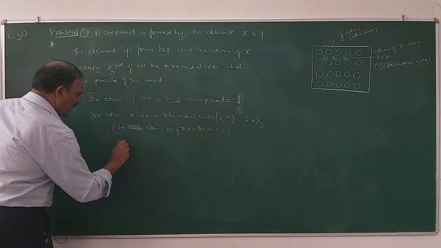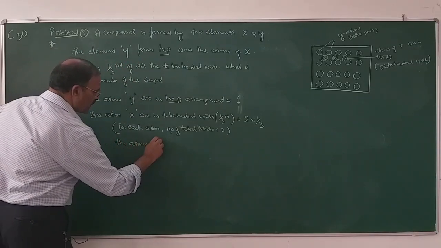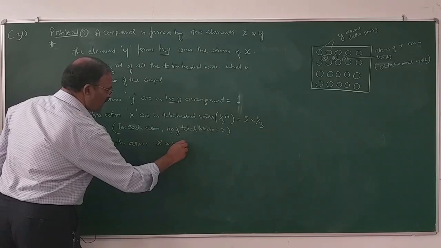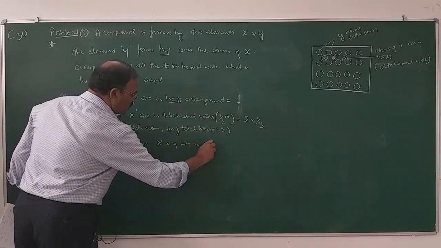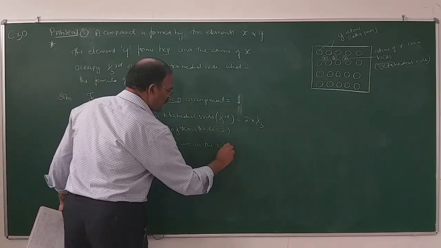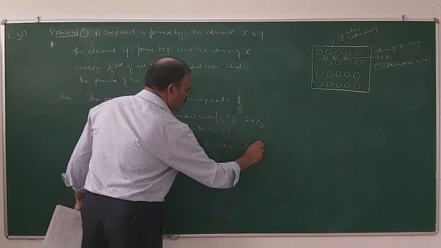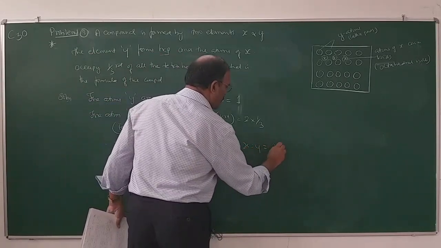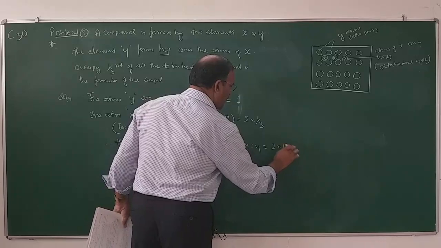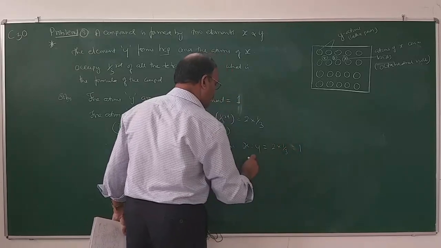Therefore, the atoms X and Y are in the ratio X is to Y equals 2 into 1/3 is to 1.